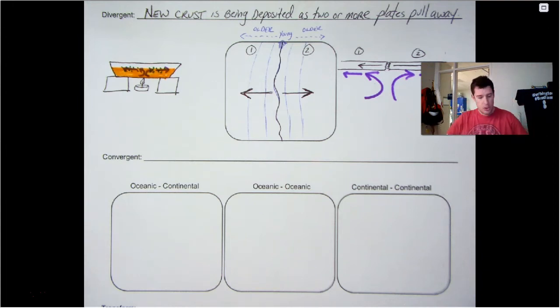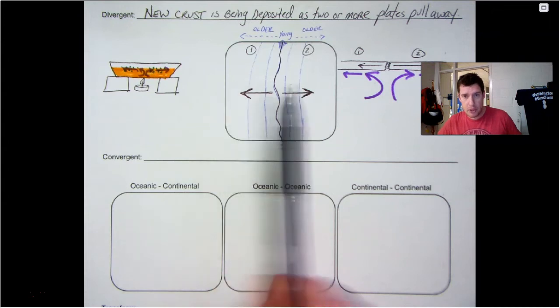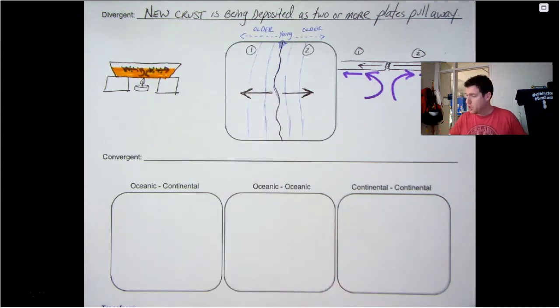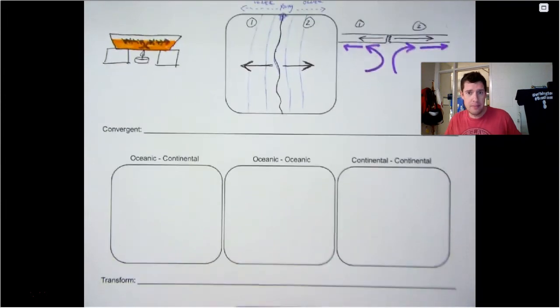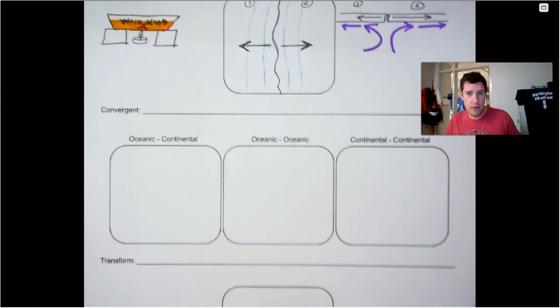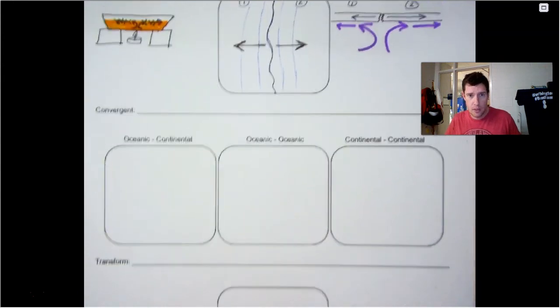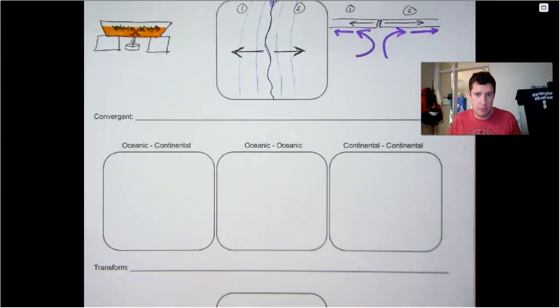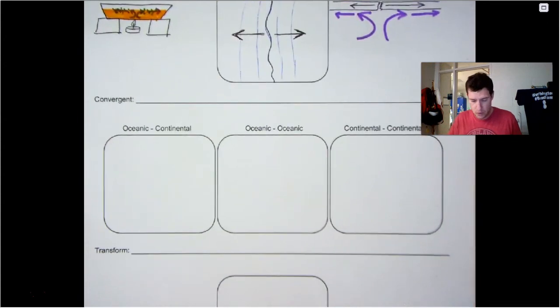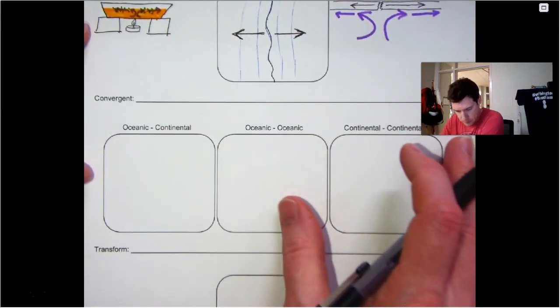Okay? So you've got plates that pull apart from each other, but mostly, I'd say 65% of all the boundaries around the world that you'll see, that you'll experience and explore, you're going to find a lot of convergent boundaries, a lot of them. Okay? So what does this mean?